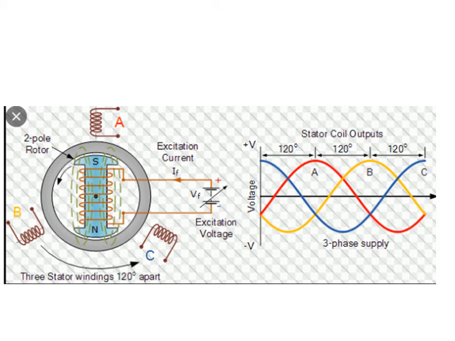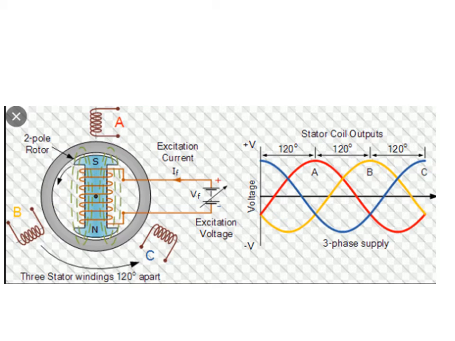The stationary part is the armature structure, with three sets of windings A, B, C, and you can see the three stator windings are 120 degrees apart. We have already studied this in three-phase AC circuits, and it generates the EMF.